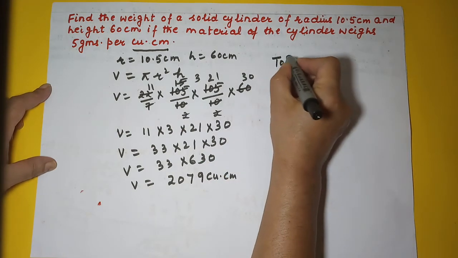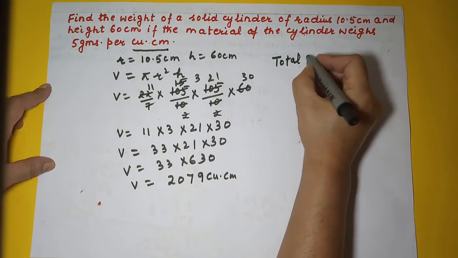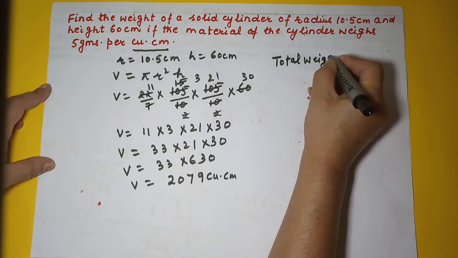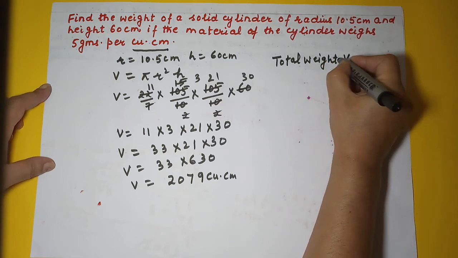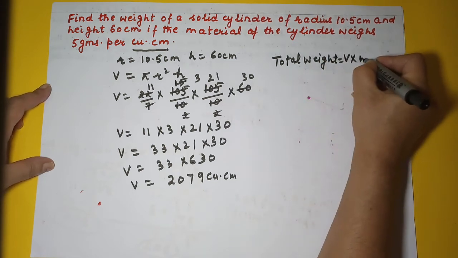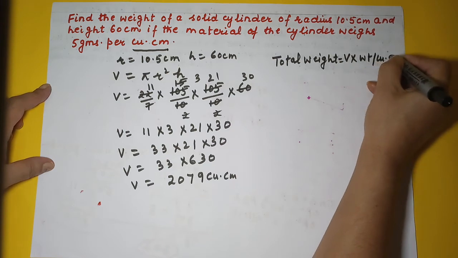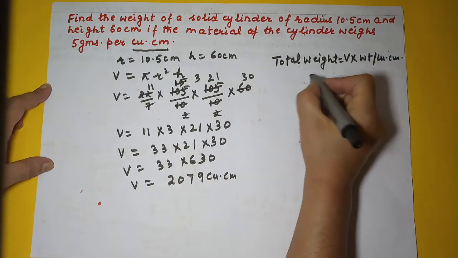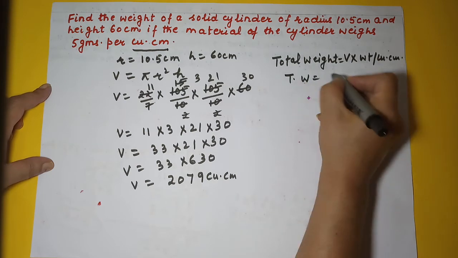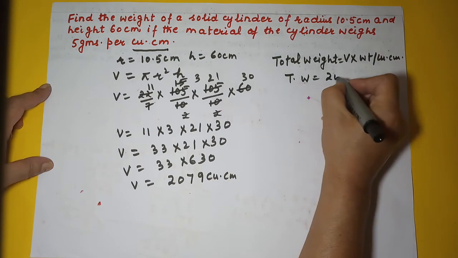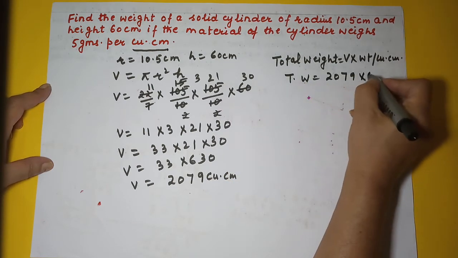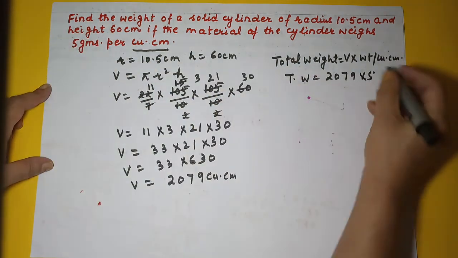So total weight of this solid cylinder is equal to its volume into weight per cubic centimeter. So total weight is equal to volume I have found, 2079 into 5, but he is saying grams per cubic centimeter.